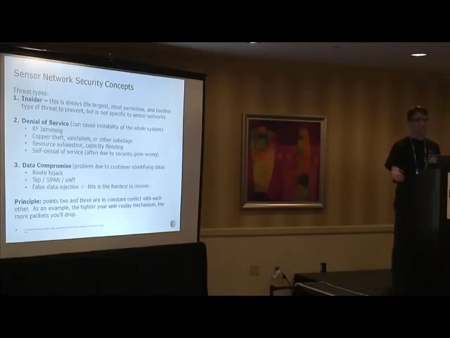The denial of service threats that you have to deal with include the rampant copper theft, which in the sensor networks we've seen deployed is a huge problem, because these tend to be low bandwidth. They tend to be provisioned over cheap copper, and that cheap copper, unless you've done something like coat it with tar, so that nobody realizes it's copper, tends to be an extreme target of theft.